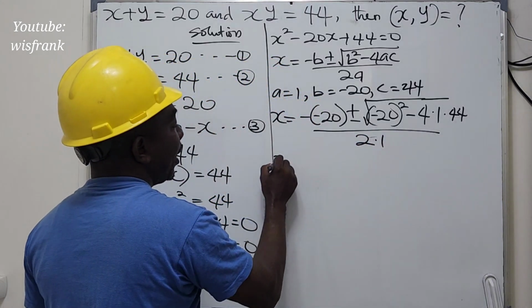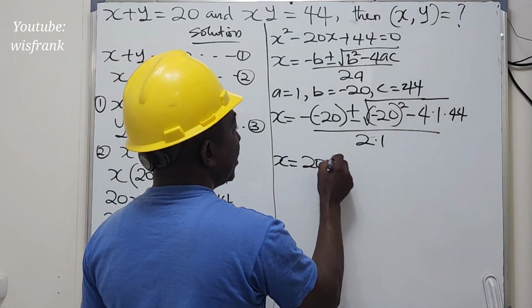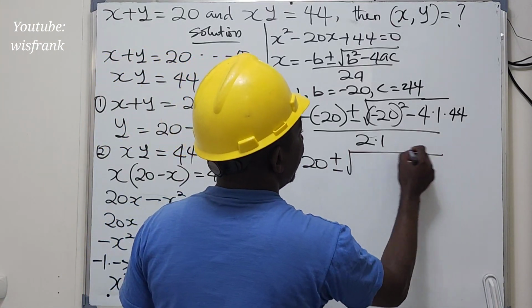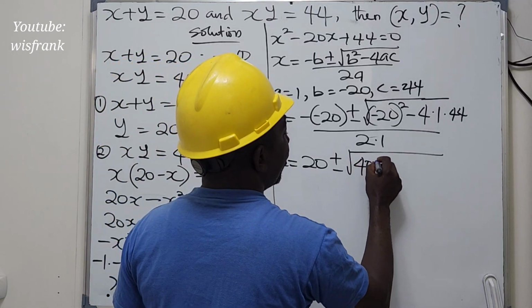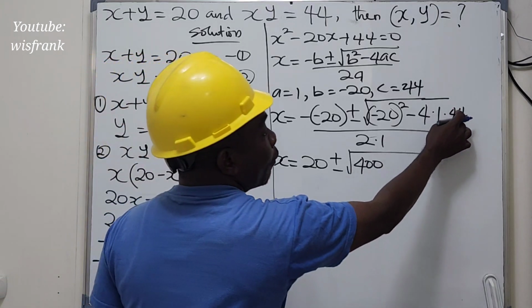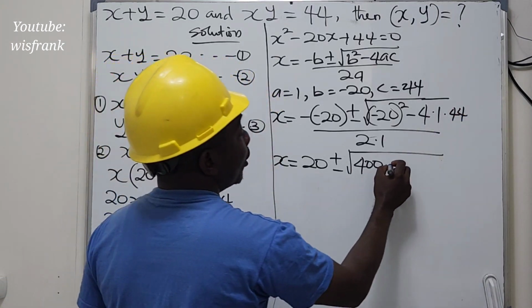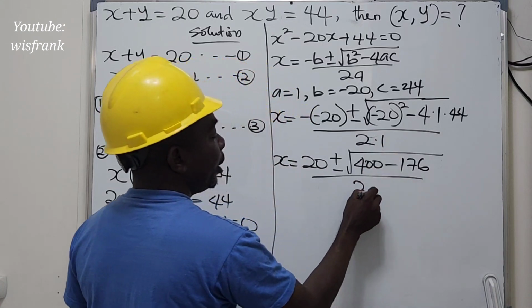So in this case, our x equals minus times minus 20 will give us 20 plus or minus square root of minus 20 to the power of 2 gives us 400. Then minus 4 times 1 times 44 will give us minus 176, all over 2 times 1 is 2.